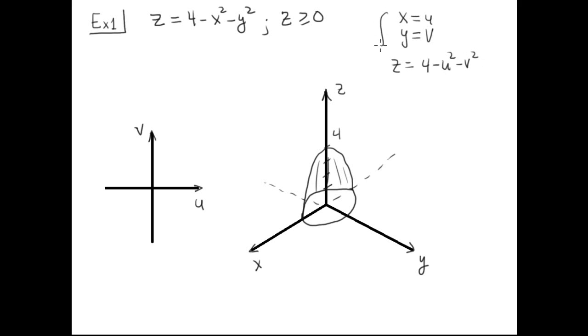What about the domain? The domain is the shadow onto the xy plane, which is a circle. The center is at the origin, and the radius is 2, because when c is 0, 4 minus u squared minus v squared equals 0, so u squared plus v squared equals 4, a circle where the radius is 2.